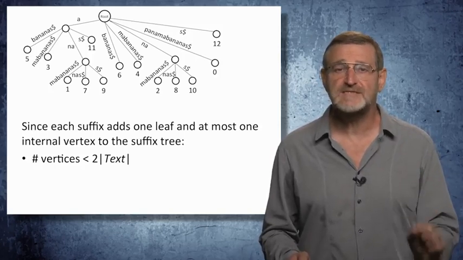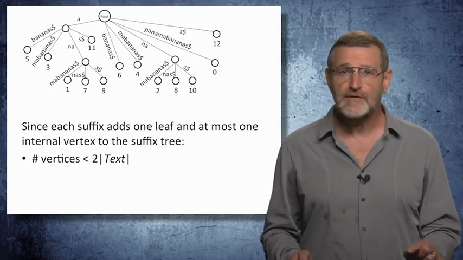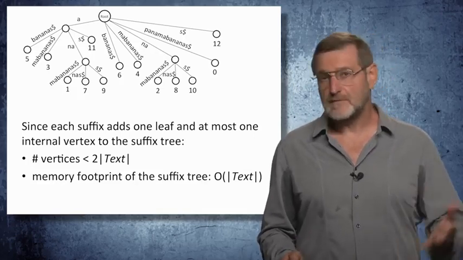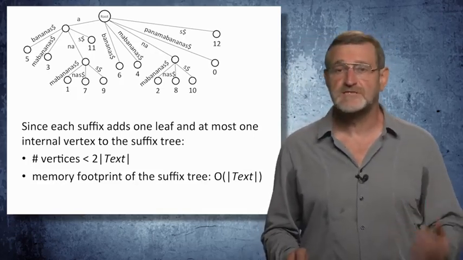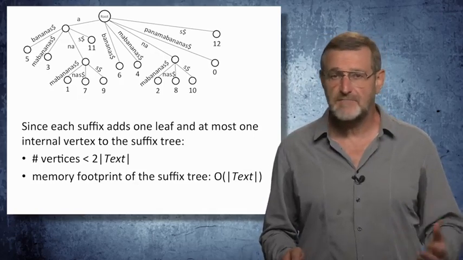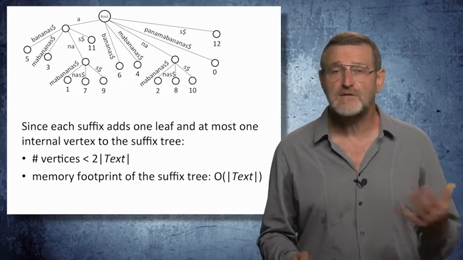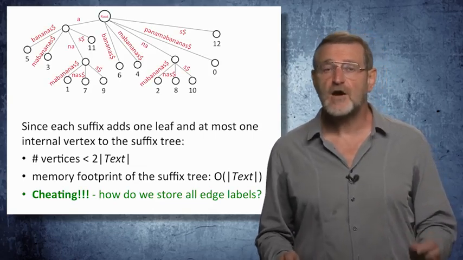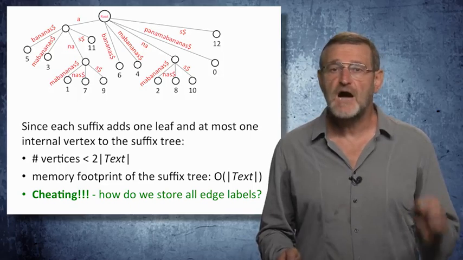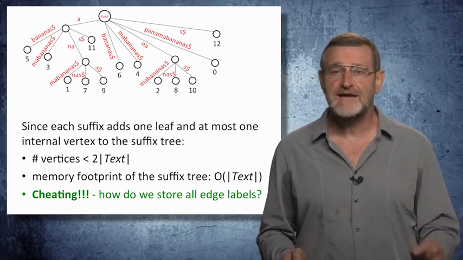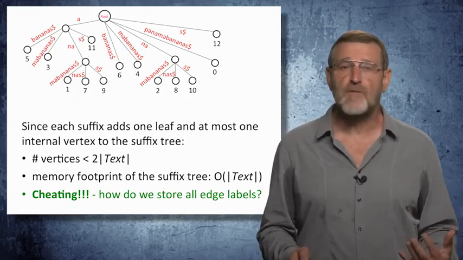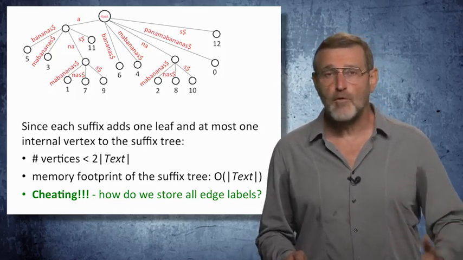We saw that the suffix trie results in a fast algorithm for pattern matching, but let's take a look at the memory footprint of the suffix trie. The suffix trie is formed from suffixes of the text. The average length of the suffixes is roughly the length of the text over 2, and therefore the total length of all suffixes is length of the text multiplied by length of the text minus 1, divided by 2.